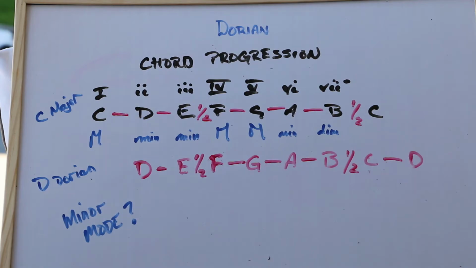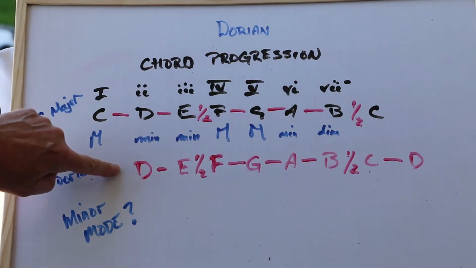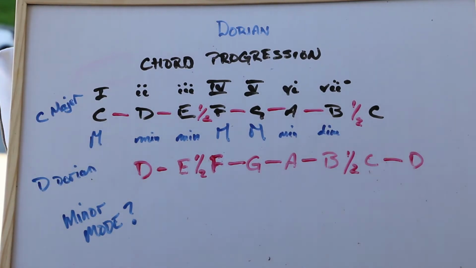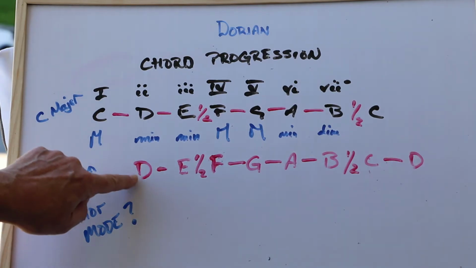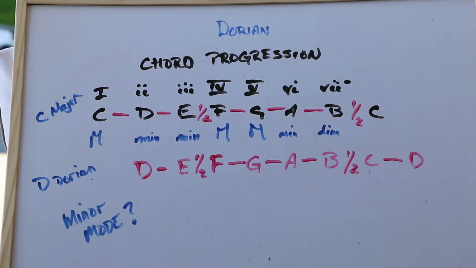So this is the trick that we play on the mind with modes. We're not doing anything. We're still playing in the key of C, but we're just starting it on D. So we're doing a little trick on the mind. As soon as we make this the tonal center, the half steps move, and it has that characteristic sound.